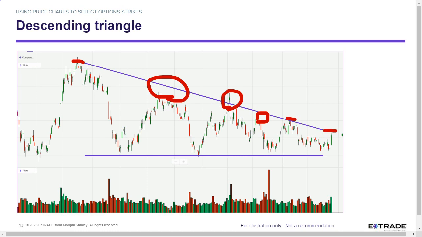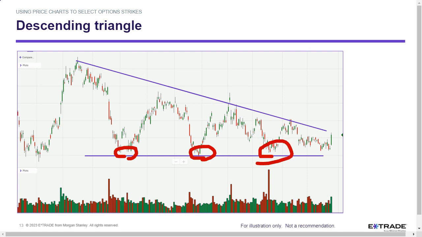This is a good example of best fit. You're not usually going to be catching those highs exactly. But as you can see in this example, I think we could agree that that's a pretty decent fit for those highs. And then the lows, you'll notice that they don't really get higher or lower. Here we are. We've got lows that seem to be pretty much on a level playing field.